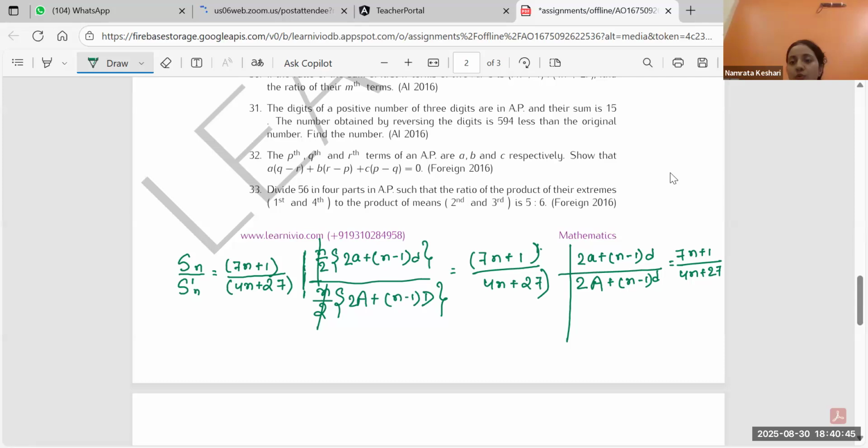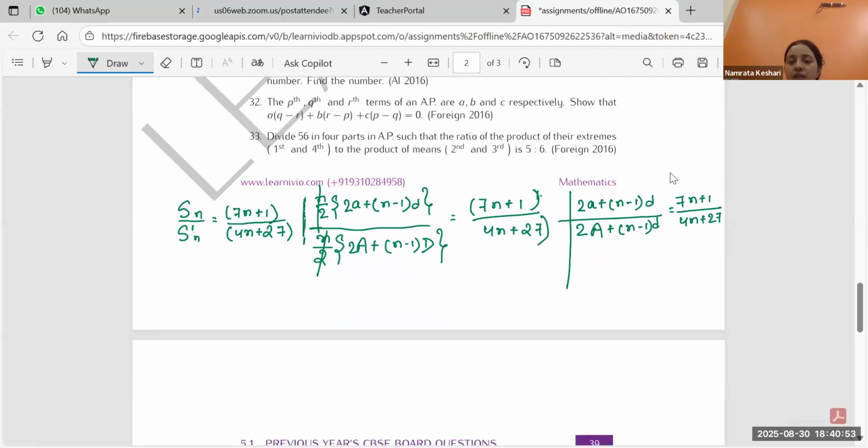So this 2a, we are trying to remove 2 which is multiplied with a, and for that we can do the division by 2. In the numerator and denominator we can divide by 2, and this is completely acceptable. While dealing with fractions, we can multiply the same number in numerator and denominator, we can divide the same number.